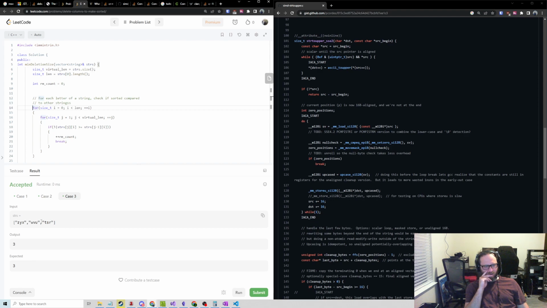But we need to do that though, because what we're doing is for each string, for each letter... yeah, because right here we have to load the thing into the register for SIMD.